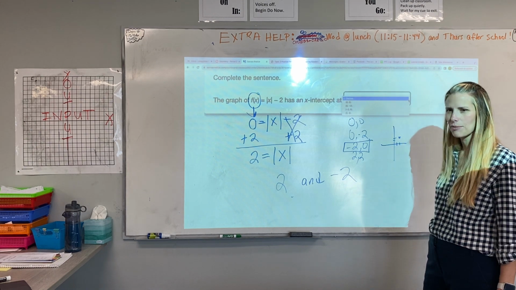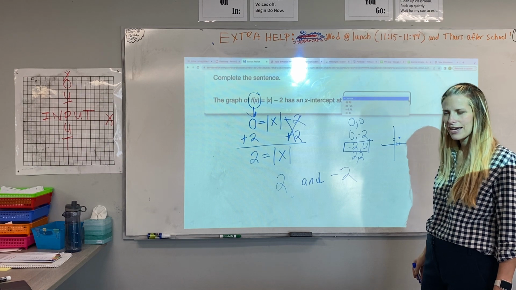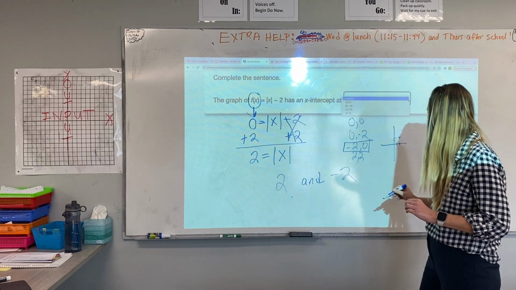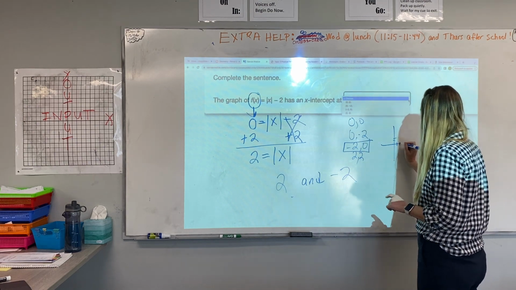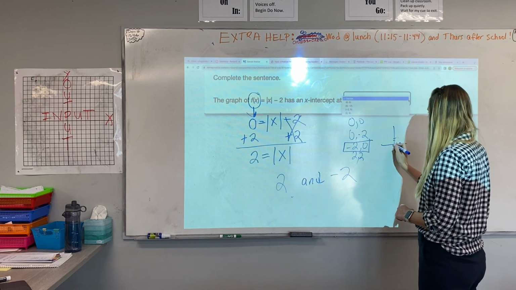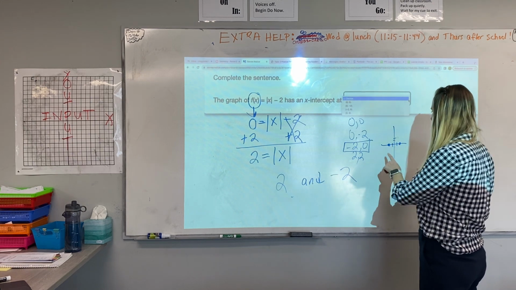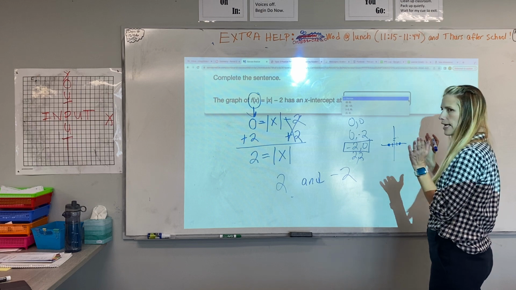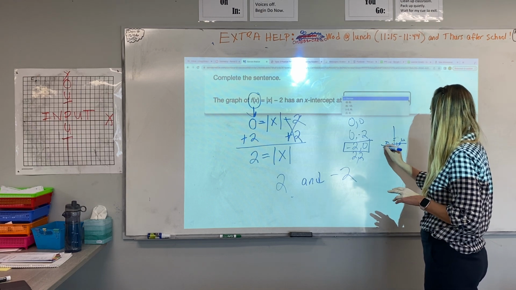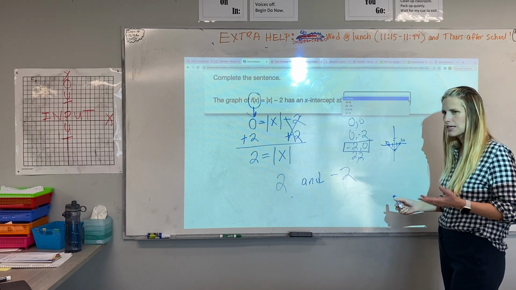How is that an x-intercept? It's not even on an axis, right? So even though both of these are your x-intercepts, what it's saying is it's at positive 2 on the x-axis and negative 2 on the x-axis. That's the symmetry of this function. If you were to graph it, it would look like this. Does that make sense?